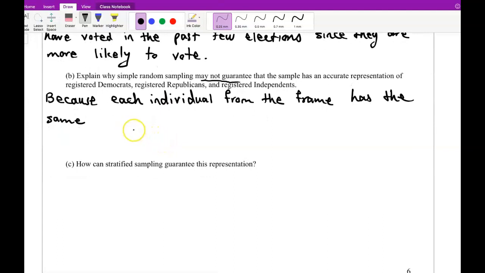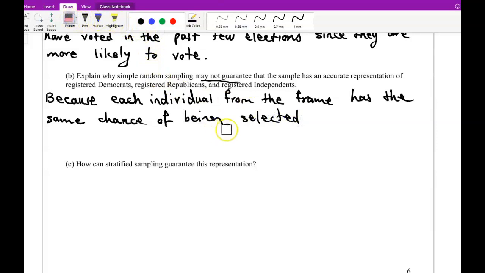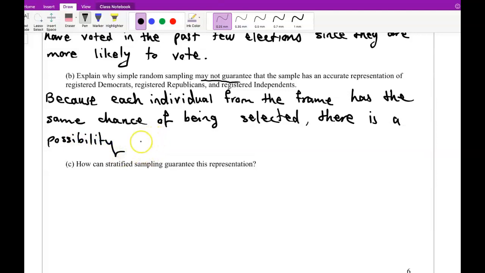Okay, because the individual from the frame has the same chance of being selected, and there's a possibility that one group may be, because here we have three groups: Democrat, Republican, and Independent.